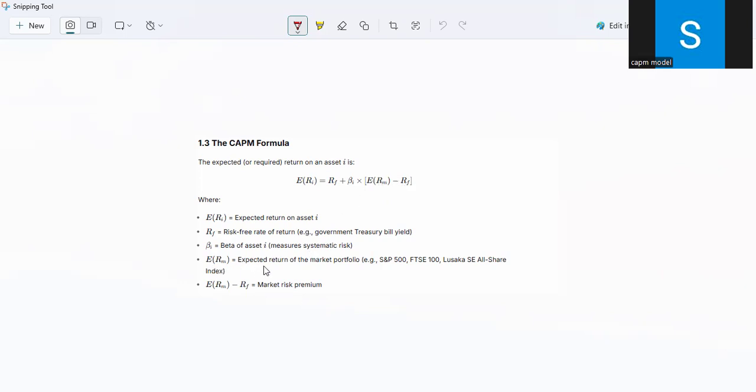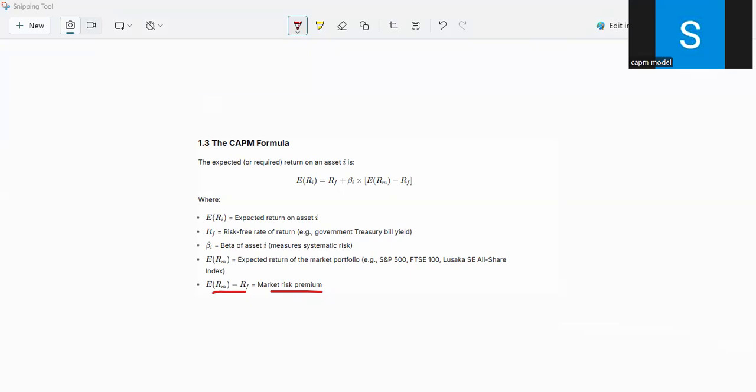And ERM is the expected return on the market portfolio. It can be Nigerian Stock Exchange shares, S&P 500. And ERM minus the risk-free rate collectively is what gives us what we call the risk premium. Okay, basically that's the majority of what you need to know.